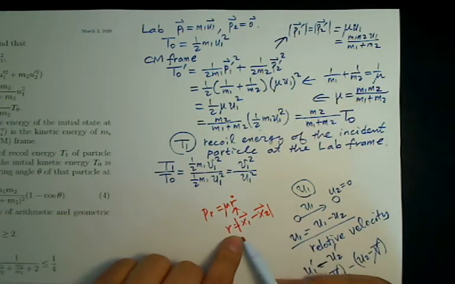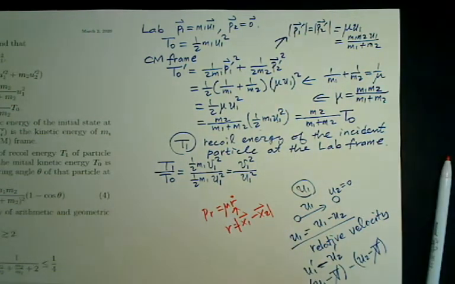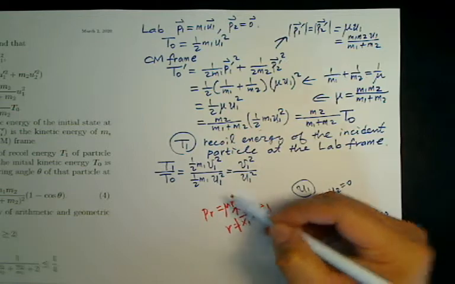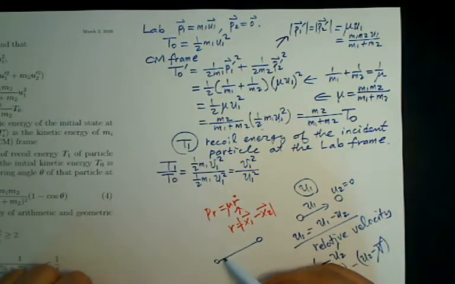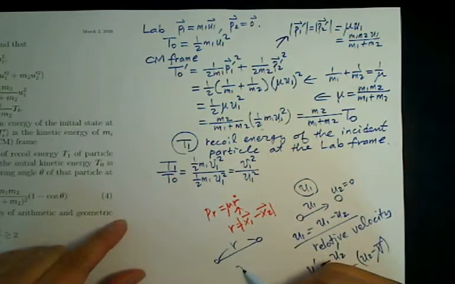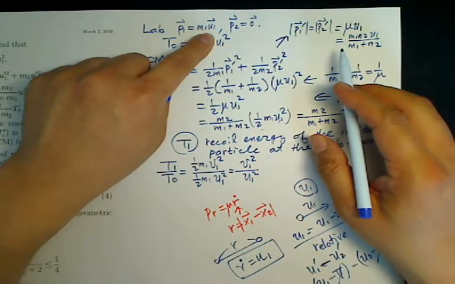It is the distance between the two particles in the two-body system. Therefore, this is actually the relative velocity. These two particles, this is R. So this relative velocity, R dot, is just U1 in this initial case.